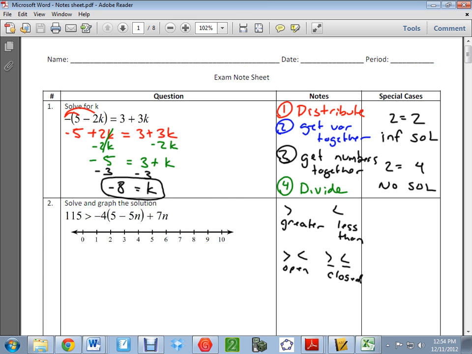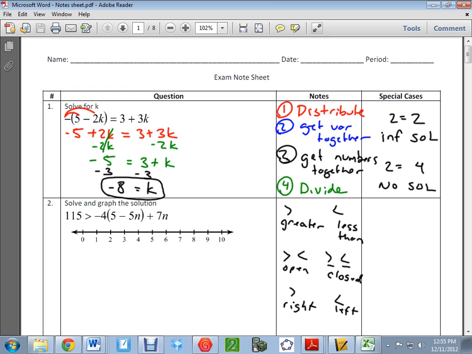The next thing that you will need to know is the direction of the arrow. A greater than symbol would go which direction? Shade to the right. And a less than symbol would shade to the left.